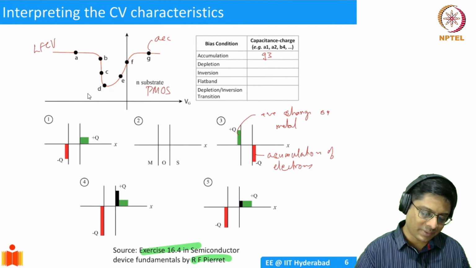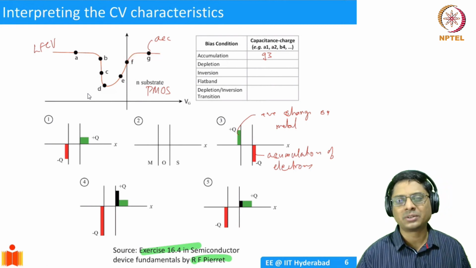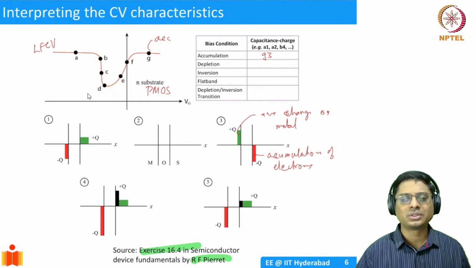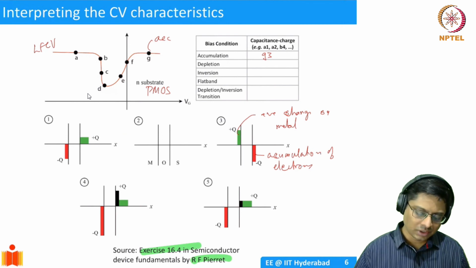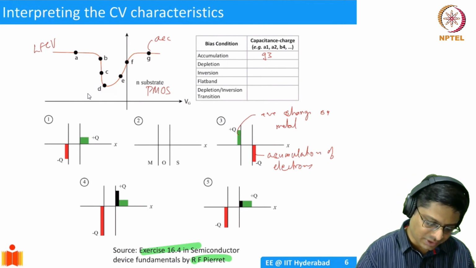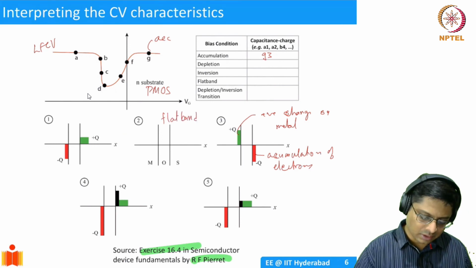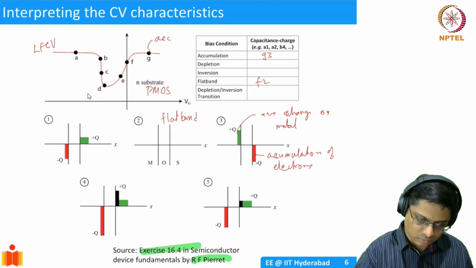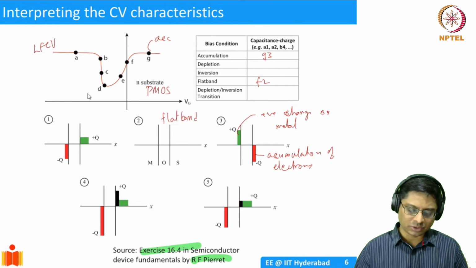As you go from accumulation, as you keep decreasing the voltage, at one point you get to what is known as flat band. Flat band means with no applied voltage, there's no bending of the bands, so there's no charge associated with the applied gate voltage of 0. So this second picture is called flat band. I'll call this F2. This is the flat band condition without any applied voltage.